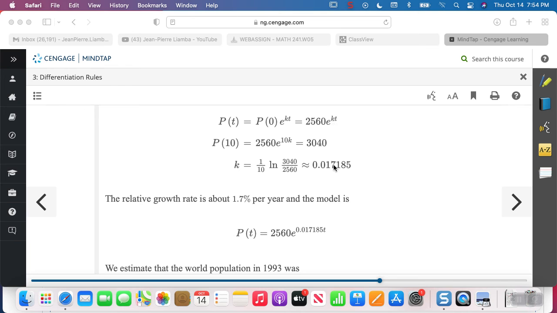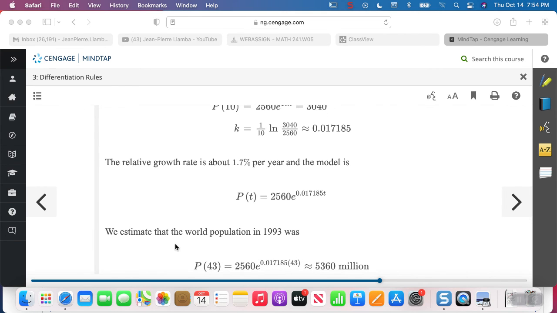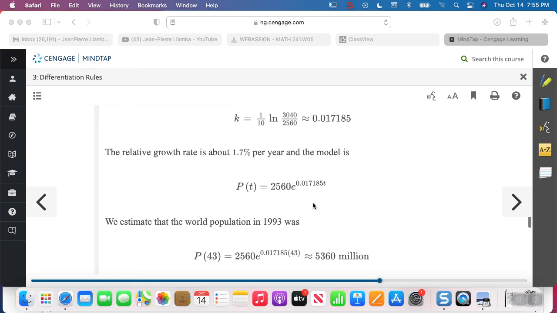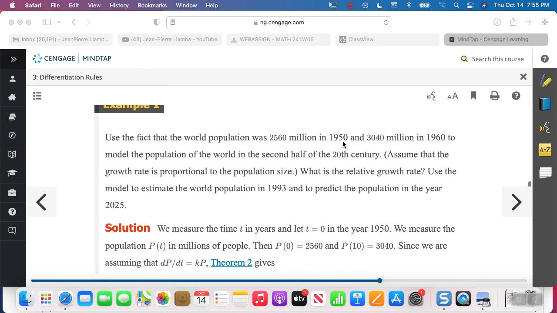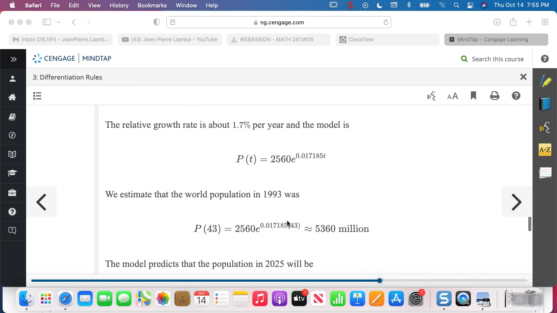This gives us the formula we're going to use to estimate the population in the year 1993. The year 1993 means t equals 43. How did you get 43? You take 93 minus 50, because the original year was 1950.